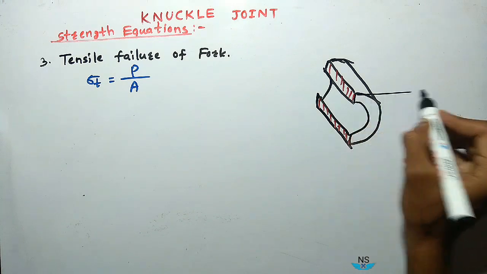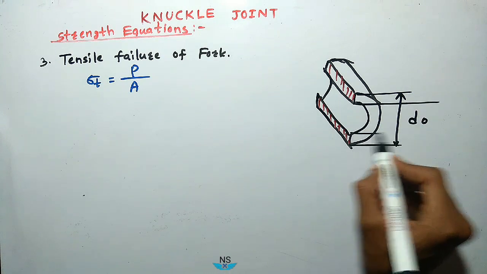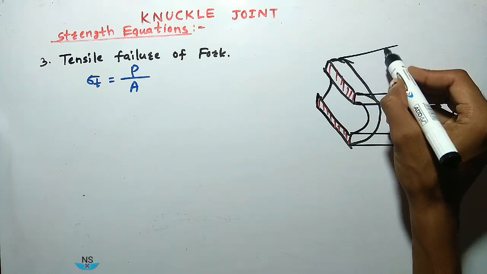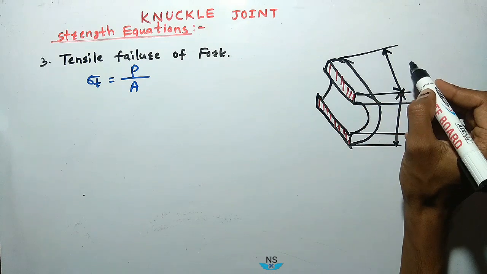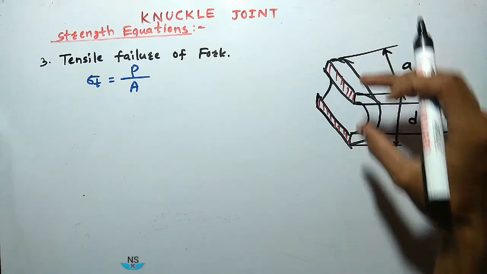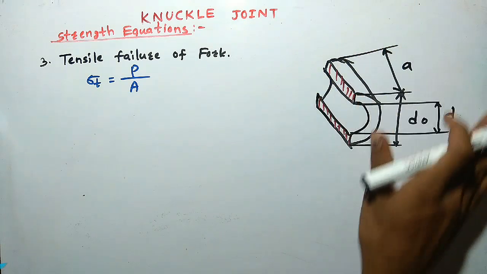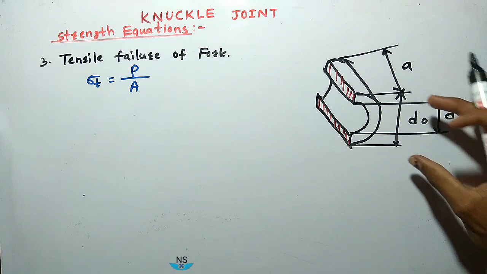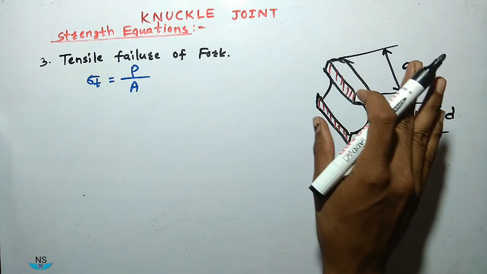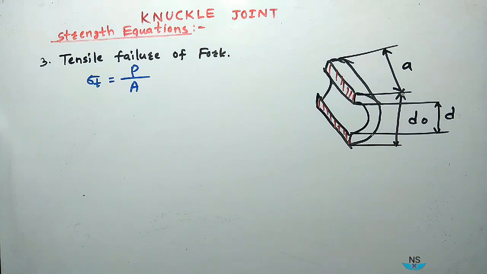So this is the outside diameter of eye. This is inside diameter of eye, that is small d, and this is the thickness of eye of fork, that is A. Now similarly, this is one eye of fork. Similarly, on second eye of fork, similar condition is there. So area for this one fork is D0 minus D into A, and also for fork B, D0 minus D into A. So area will be double.